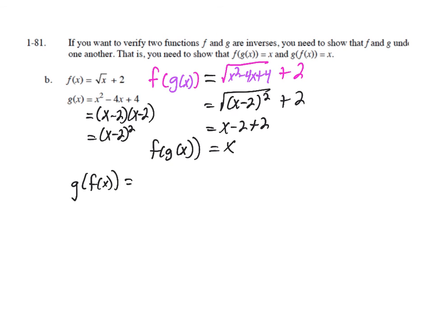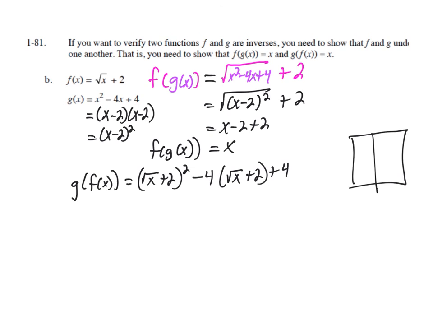So g of f of x, so that means I've got the square root of x plus 2, squared, minus 4 times the square root of x plus 2, plus 4. Using our squares for multiplying, I got the square root of x plus 2 times the square root of x plus 2.